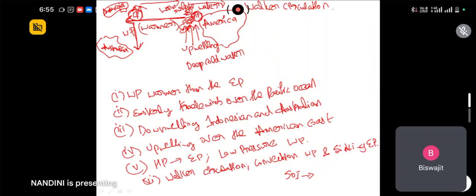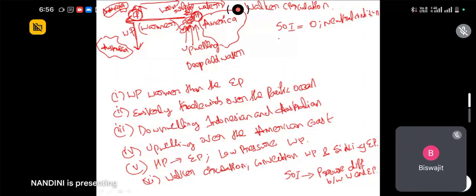Okay, thank you. So there is something known as the Southern Oscillation Index, which basically gives you the pressure difference between the West and East Pacific. If the pressure difference is zero, Southern Oscillation Index is zero, then it is generally a neutral condition.